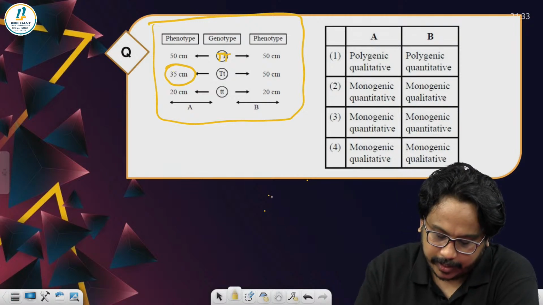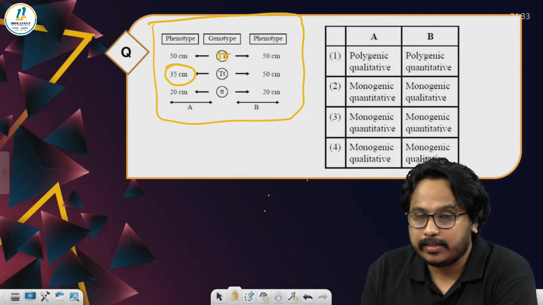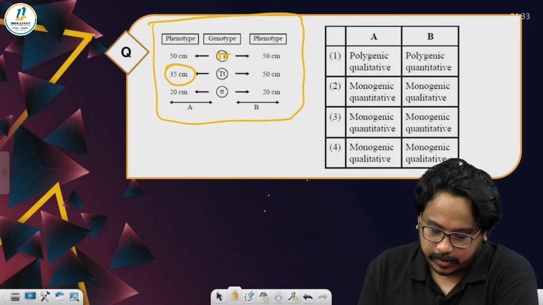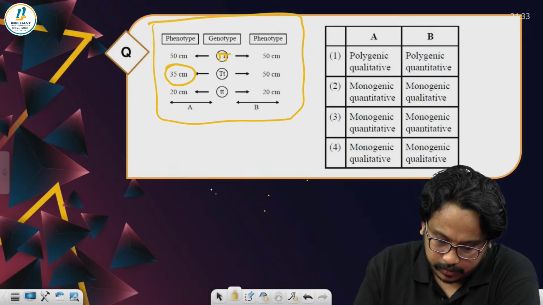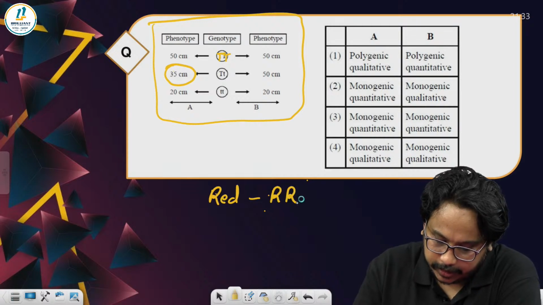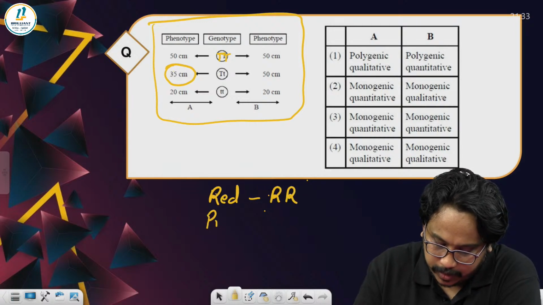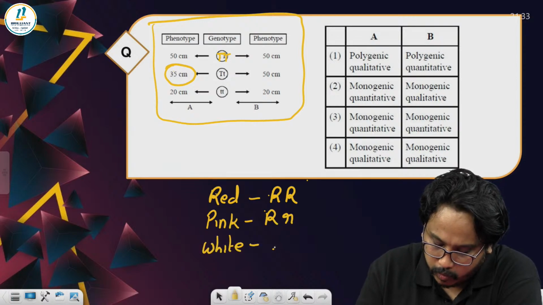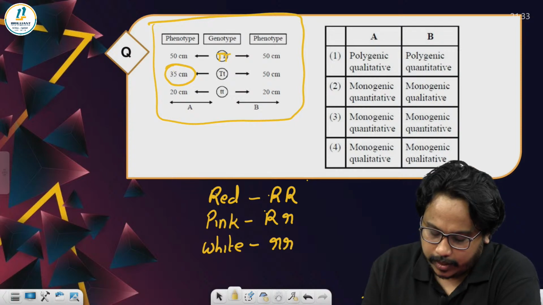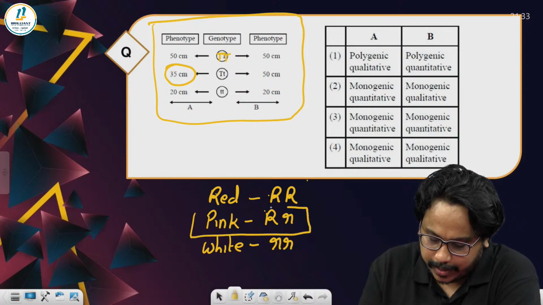Incomplete dominance, if you are taking flower color in Mirabilis jalapa, you can see red is coming in this condition, but pink is coming in heterozygous condition and white is coming in homozygous condition. So understand, like this a character is coming.